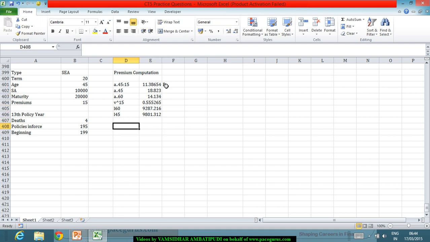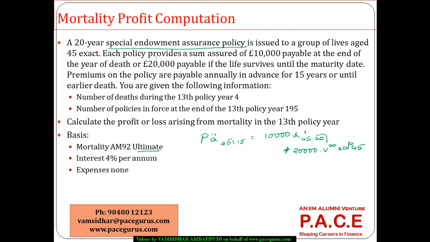The total premiums paid is P times 11.38. Now with the same logic, I will go with the expected present value of the death benefit alone, which is 10,000 times A 45:20.